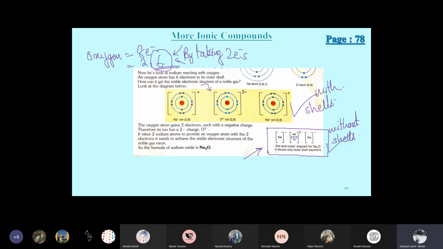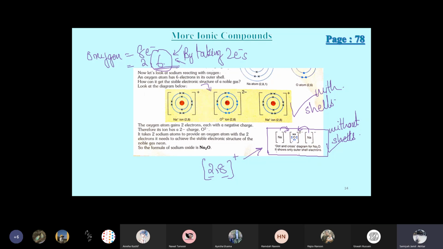Sodium became Na+ after giving one electron. These shells are already complete, so they haven't drawn the shells. So there is no drawing of the shells in this one. For oxygen also, they have just shown the electrons: 6 electrons of oxygen itself, plus 2 electrons of sodium which are transferred, one from one sodium, the other from the other sodium.